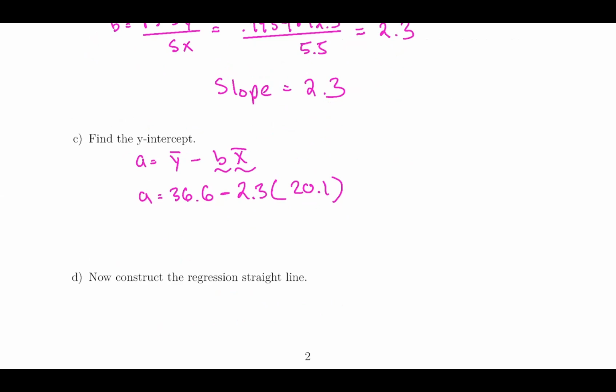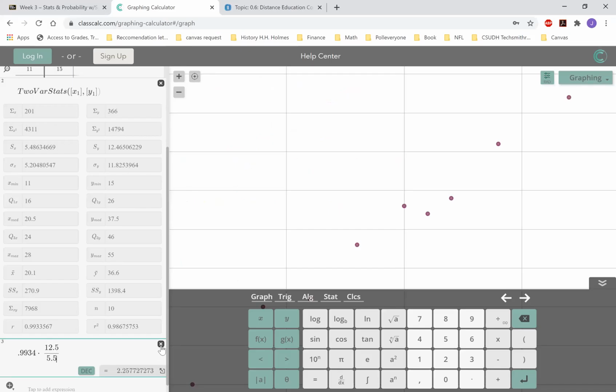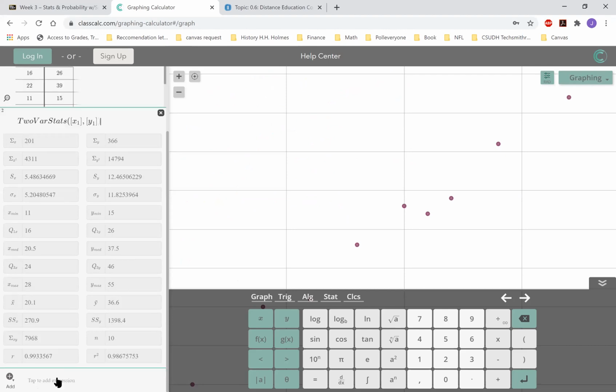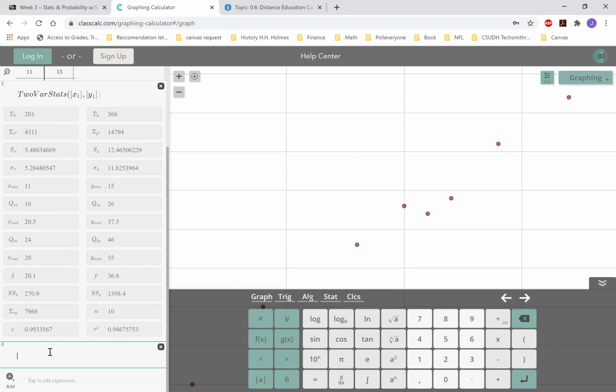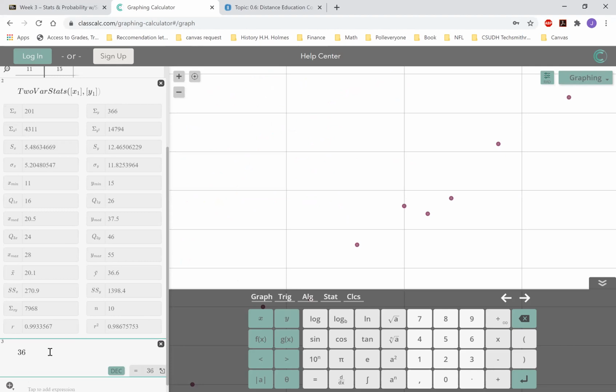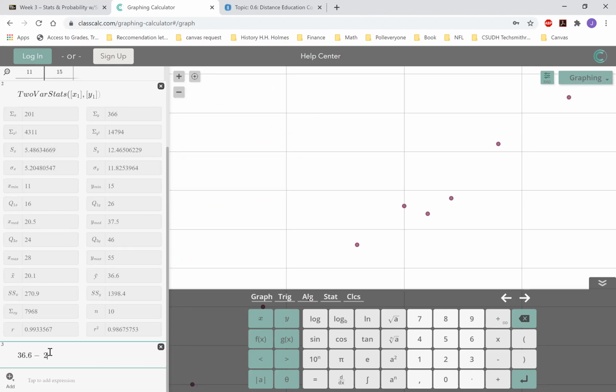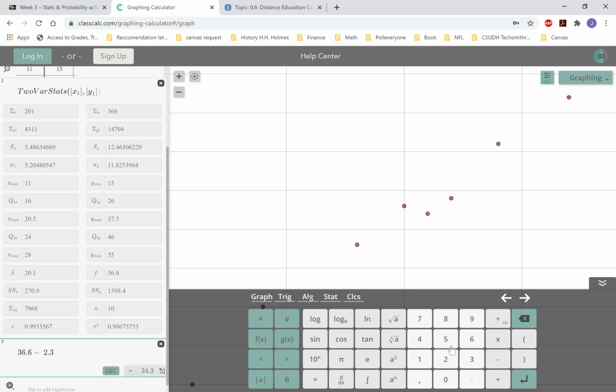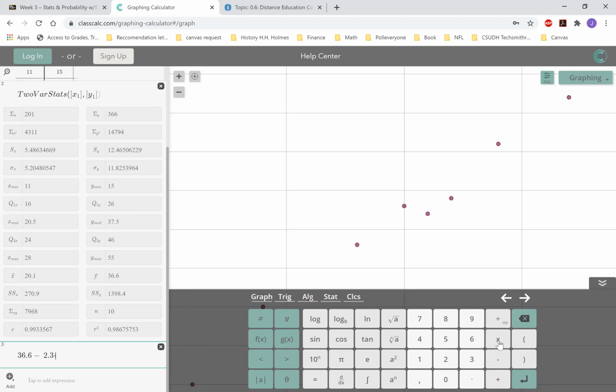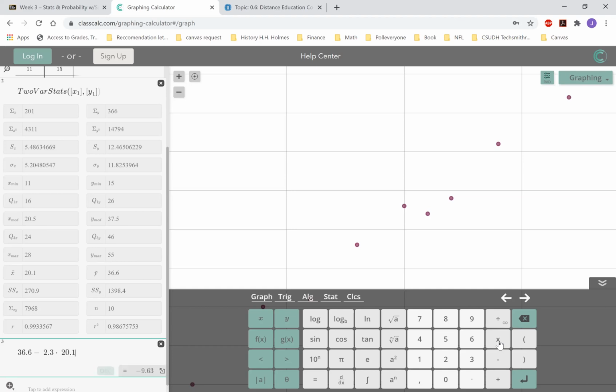Okay, so let's go over to ClassCalc and make those calculations. So in ClassCalc, we're going to say 36.6 minus 2.3, but we're going to multiply the 2.3 by 20.1.